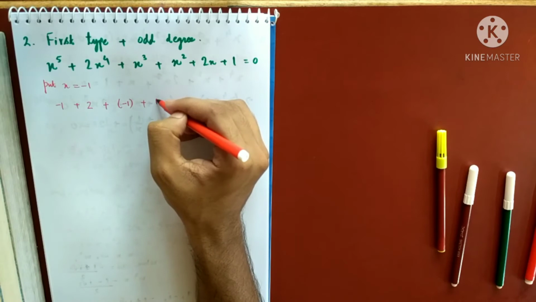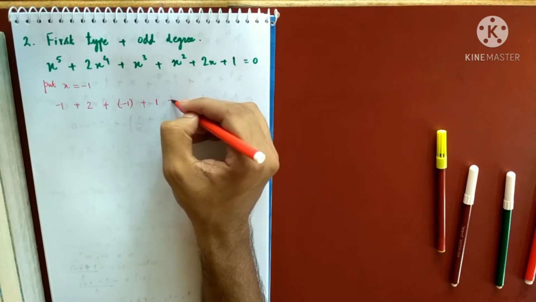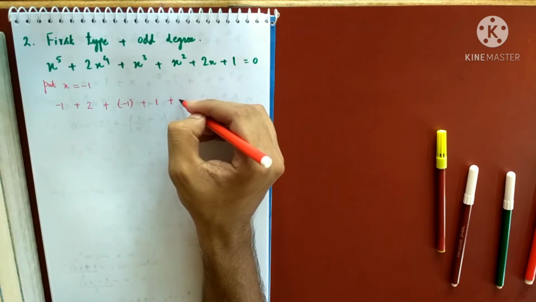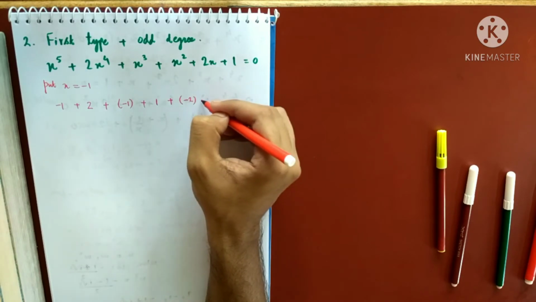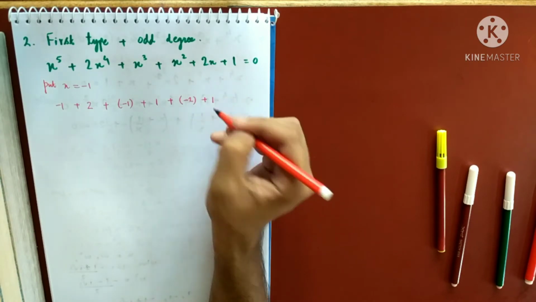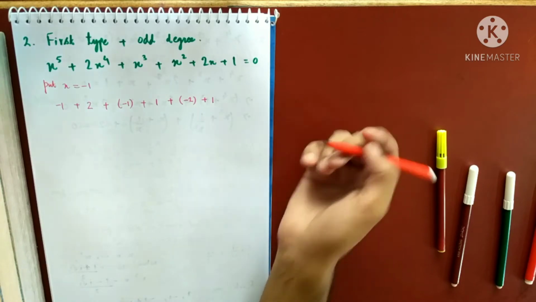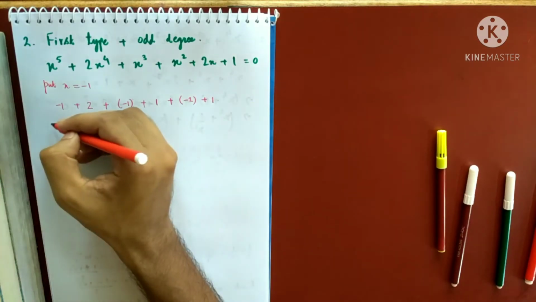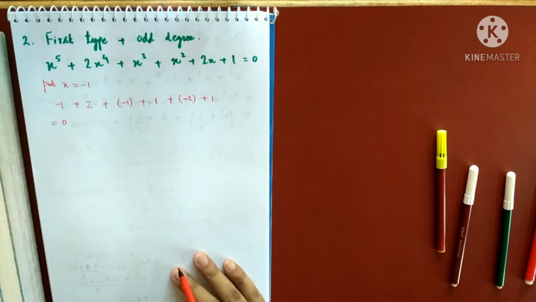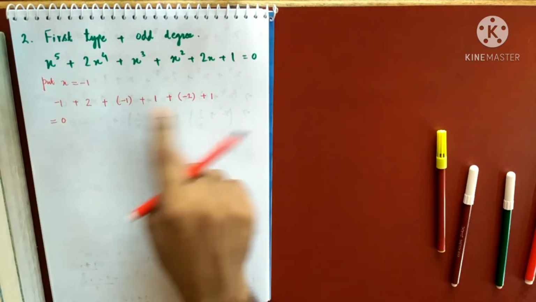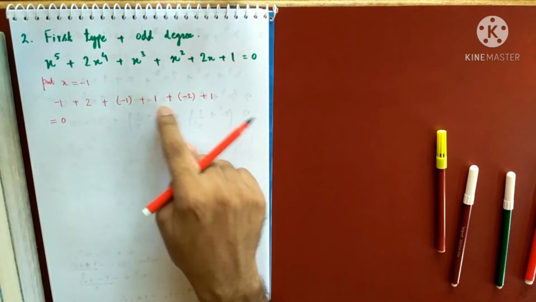Minus 1 square is 1. Plus 2 into minus 1 is minus 2, plus 1. So yes, you see it is coming 0.